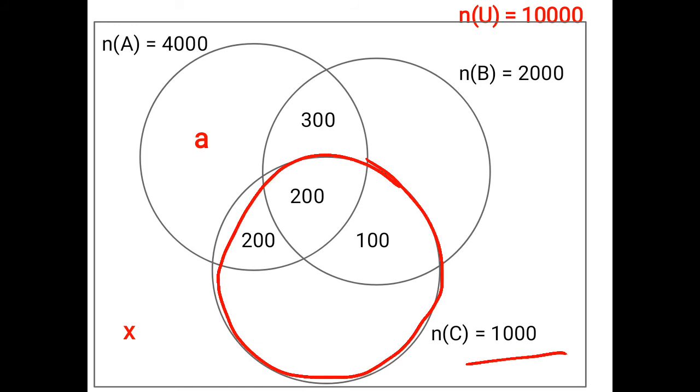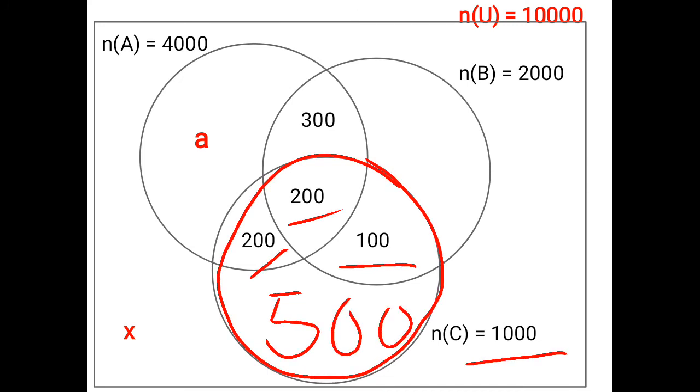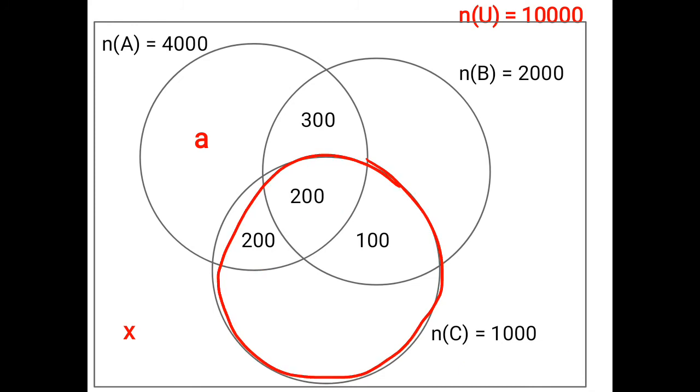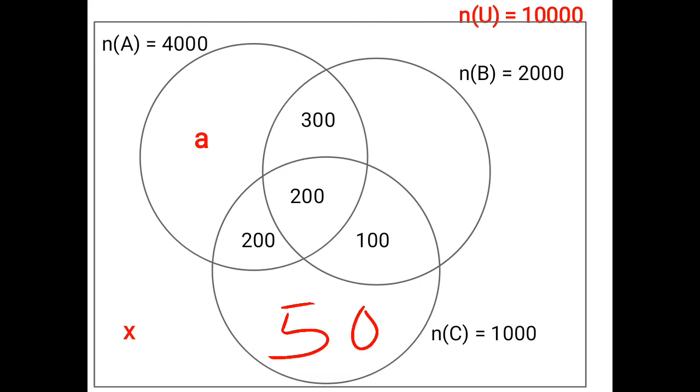So if the whole circle should give me 1000, and I have 200 plus 200 plus 200 giving me 500, it means those who buy newspaper C only should be 500. So when I add all of them, I get my 1000. All right, so I will write my 500 here straight away.